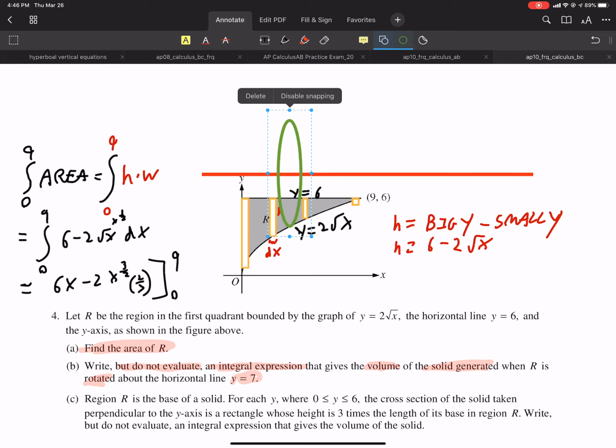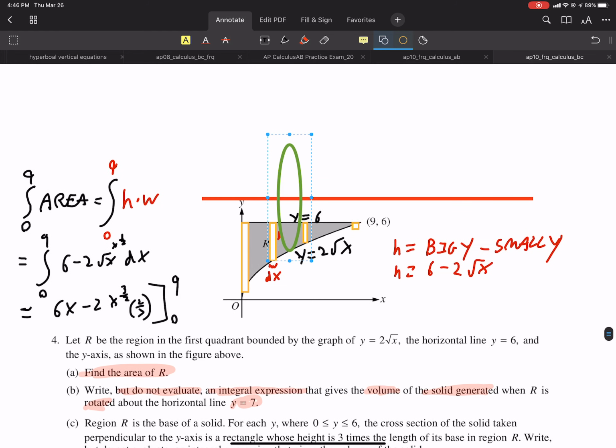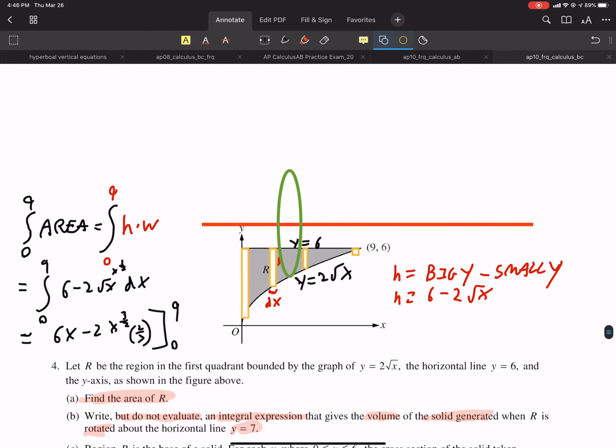I can make those wider, and then these give me smaller ovals.